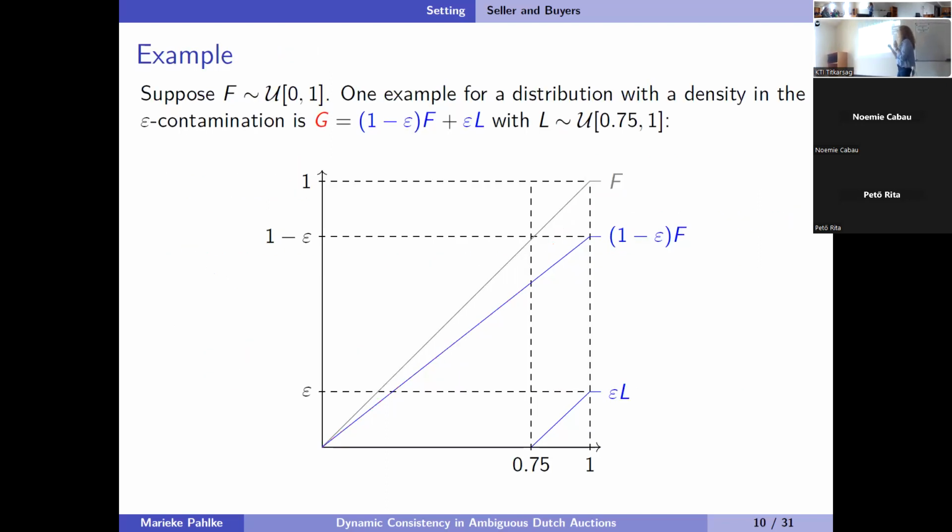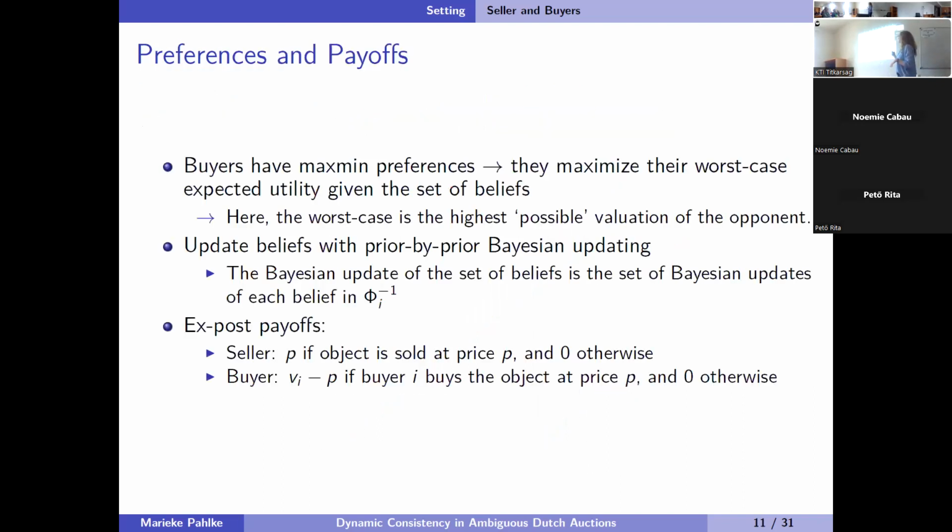Depending on this epsilon, this set is very, very close to the true one, to F. If epsilon is very small, you have very high weight on the true distribution and just a very low weight on anything else. And if epsilon is large, they consider a very large set. So this is how they evaluate the outcome of different strategies.